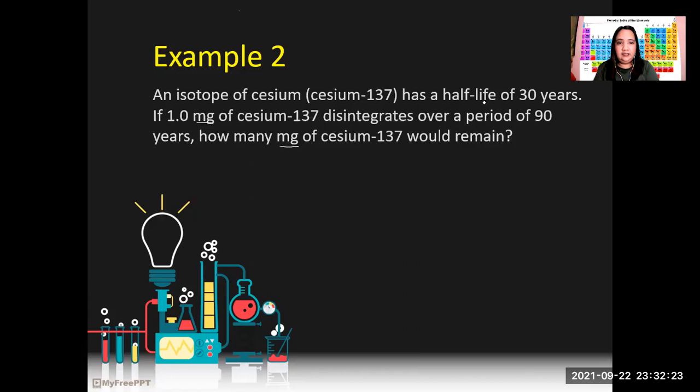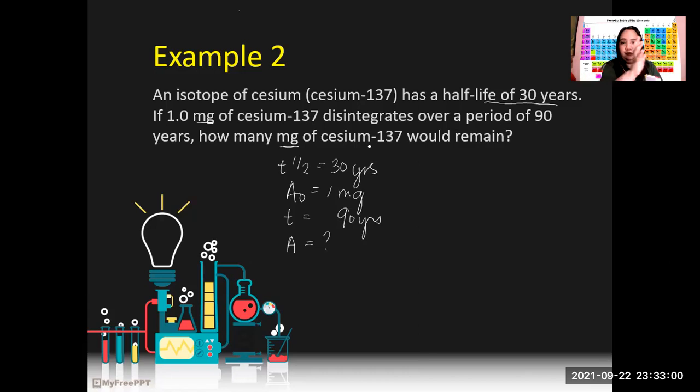Half-life is 30 years. At the onset, there was 1 milligram of cesium-137. Time is 90 years. We're looking for how many milligrams of cesium-137 would remain after it decays in this amount of time.